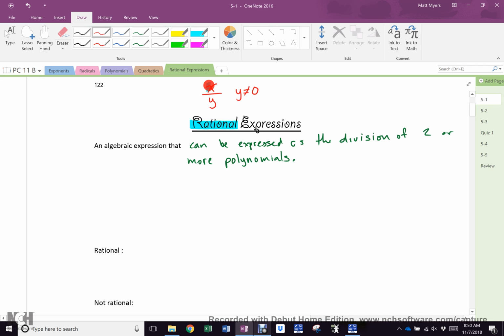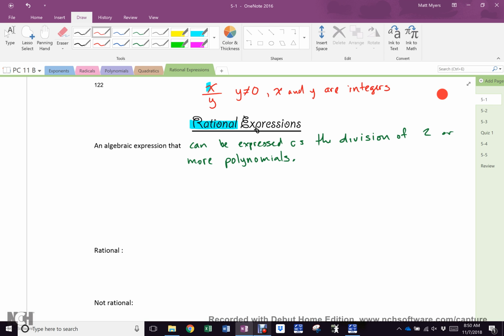But if we write anything in this form, it's automatically a rational number if x and y are integers, right? As long as x and y are numbers with no decimals and no other fractions in them, and y does not equal 0, we have a rational number, correct?